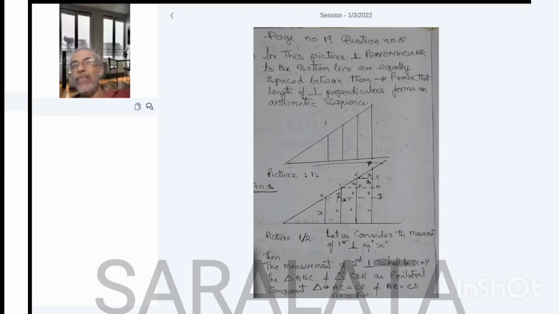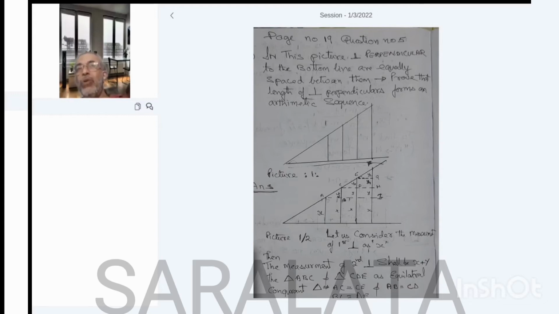Or if I take the third one, the same thing, I'm getting a common difference of y. So having the same common difference in the sequence x, x plus y, x plus 2y, and x plus 3y, it is an arithmetic sequence.